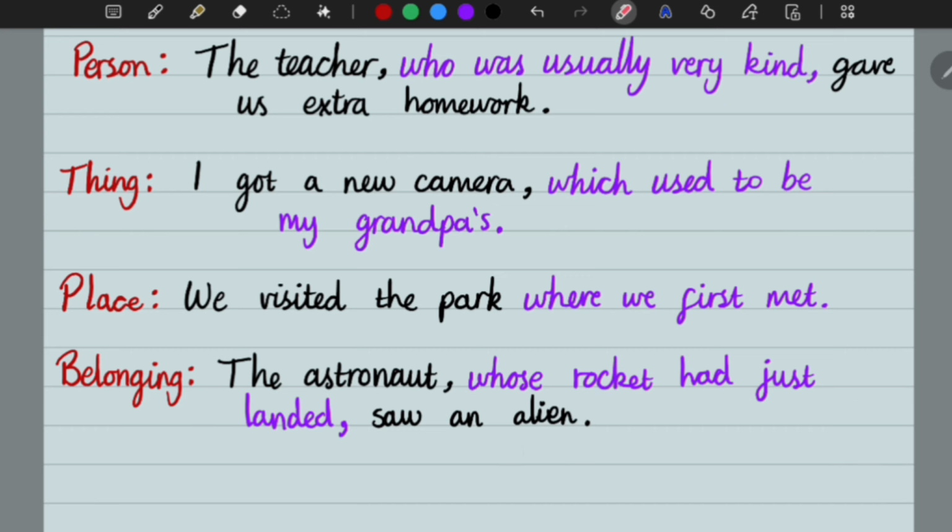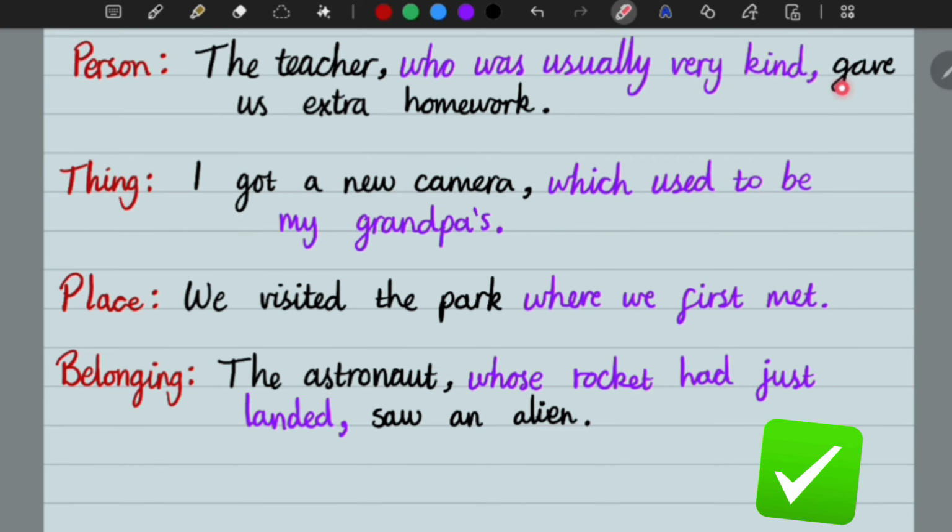And some key information here. If you remove the relative clause from the sentence, then the black part here should still make sense on its own. My main clause should still make sense on its own. The astronaut saw an alien. We visited the park. I got a new camera.